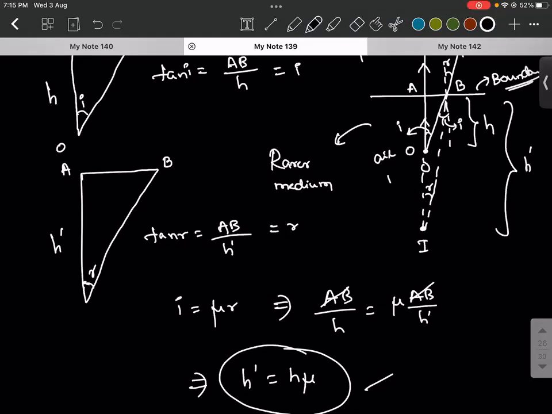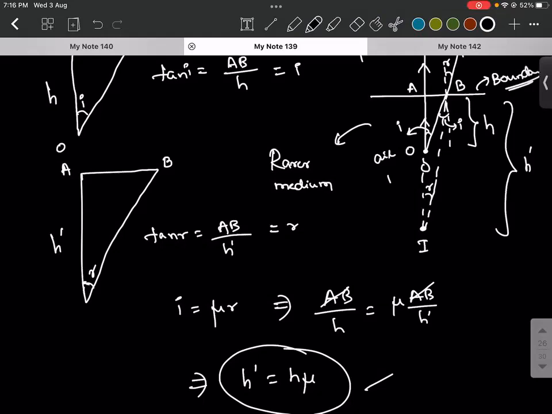From that only we will derive two important formulae called lens formula and lens maker's formula. After that you have the power of lens, then you have prism, followed by optical instruments. After that, we'll do a good number of problems with this chapter because it is important.